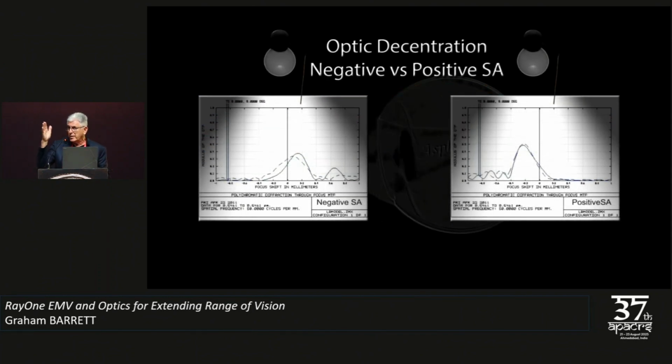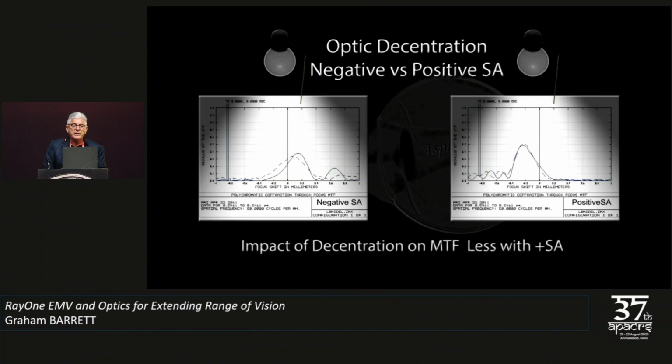We actually don't know where we should put them. Looking at the screen, with positive spherical aberration, with decentration, there's very little impact. The MTF is not altered.